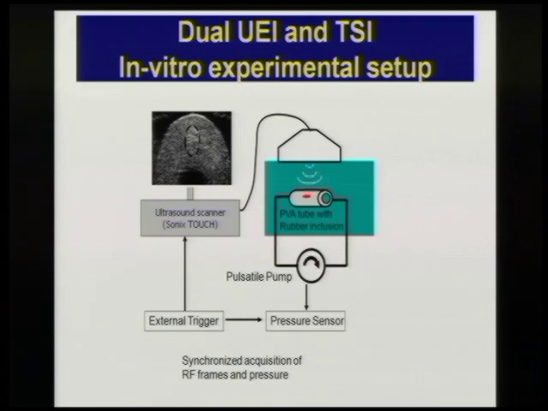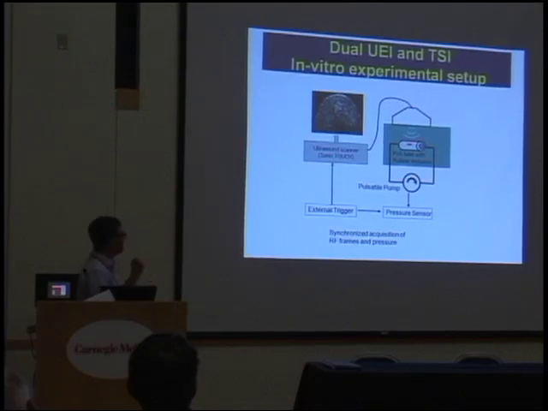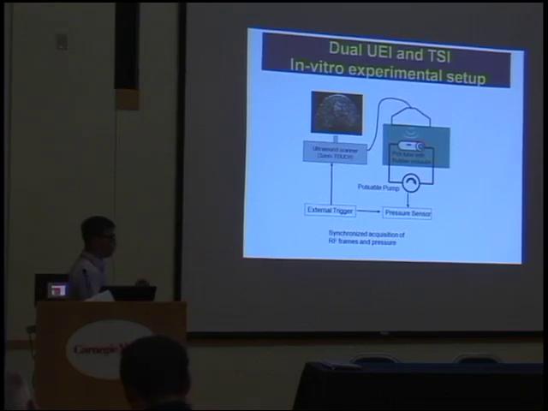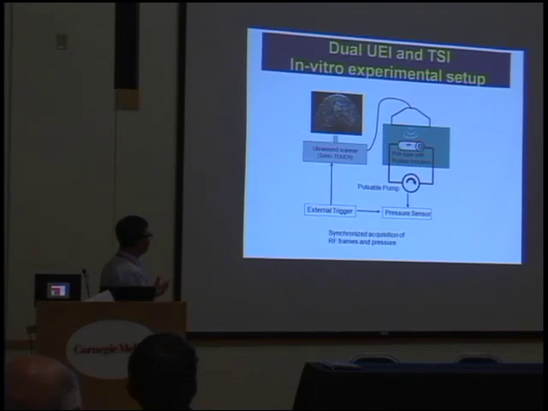If we can do that, then we might be able to combine ultrasound elastic imaging and thermal strain imaging, as we do similar data acquisition on the same setup. This is a rubber phantom, pulsatized by a pulsatile pump, and we applied our thermal strain imaging sequence while we collected RF data, synchronized to eliminate any mechanical strain generated by this pulsatile motion from the thermal strain imaging.